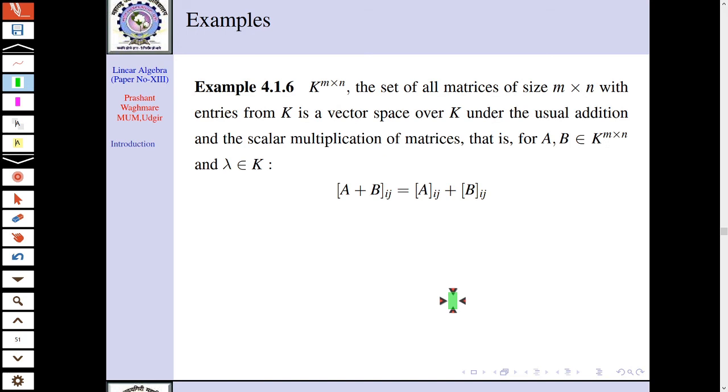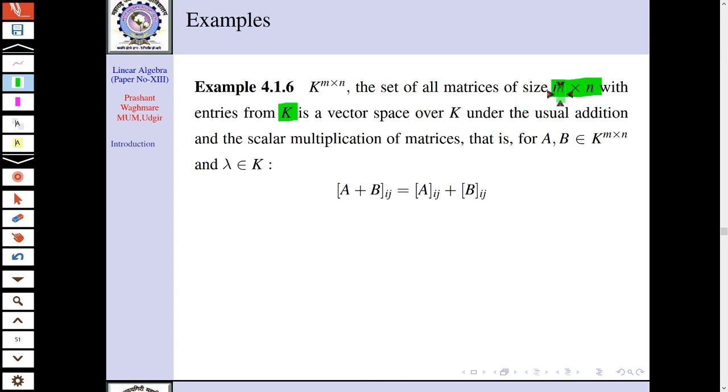Okay, so the last example is the set of all matrices of size m by n over K. Over K means I am going to consider the entries of those matrices from the field K. Thus the set of all such matrices having the same size, see here I am considering the set of all matrices of size m by n, forms a vector space over K. Now to form a vector space, first of all I need to define the addition operation.